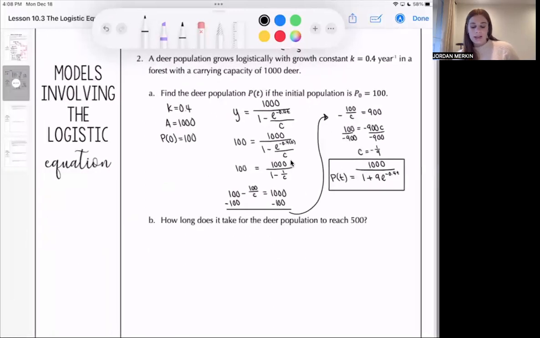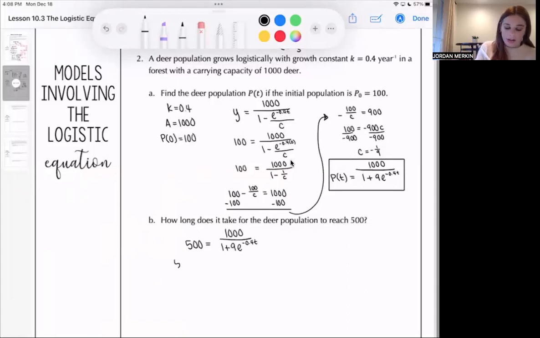So it says, how long does it take for the deer population to reach 500? So since this equation models the population of the deer at time t, you just plug in 500 for p of t, and then you can use that to solve for the time. Okay. And so you can cross multiply here.